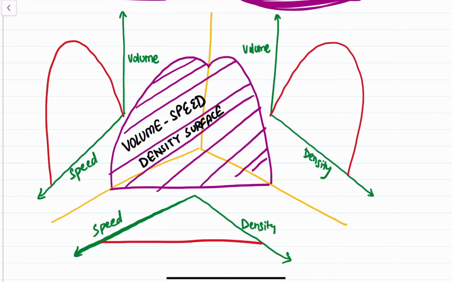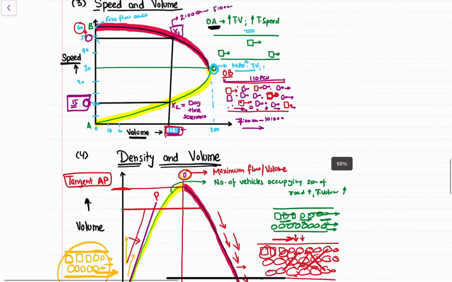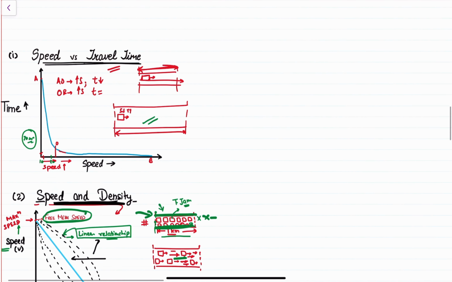These are equal, may not be looking equal right now, but in this graph, these are equal. If we overlap all these relationships, traffic volume versus traffic speed, traffic volume versus density, and speed versus density, the overlapped relationship, the volume, speed, density surface, will look something like this. Okay, so these were the fundamental diagrams that showed the relationship between the different fundamental parameters.